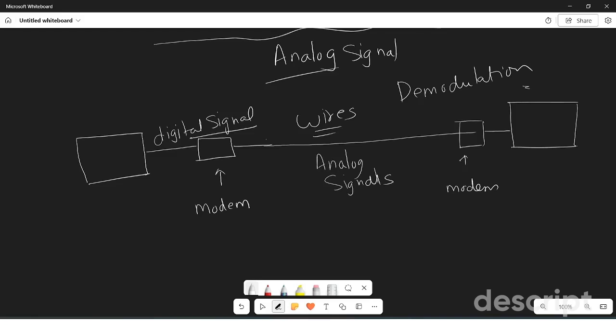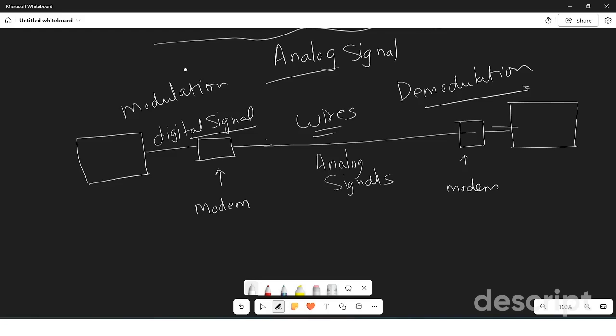So when we convert from digital to analog, it is called modulation. And when we convert back from analog signal to digital, it is called demodulation. So it is in digital form, then it gets received by the digital machine, and then the further processing takes place.